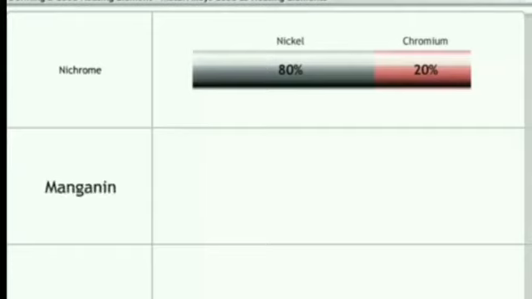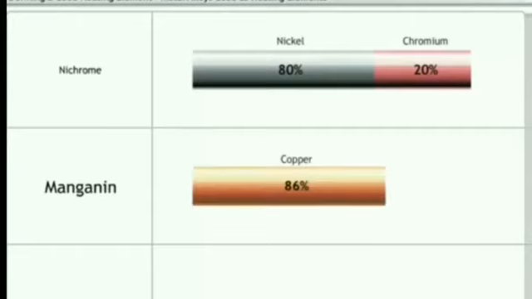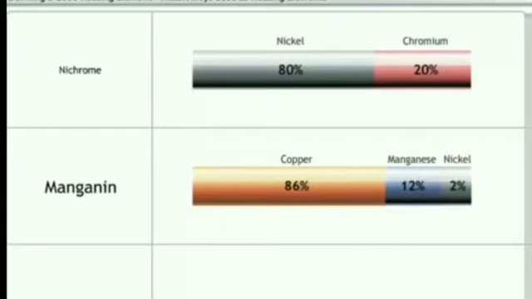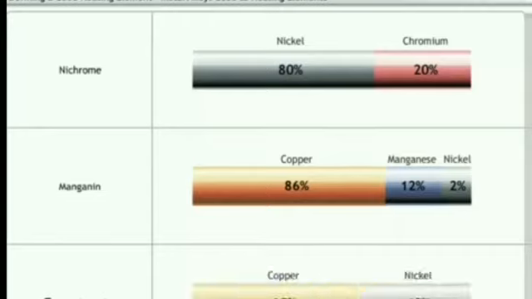Some common examples are nichrome containing 80% nickel and 20% chromium, manganin which contains 86% copper, 12% manganese and 2% nickel, and constantan which contains 60% copper and 40% nickel.